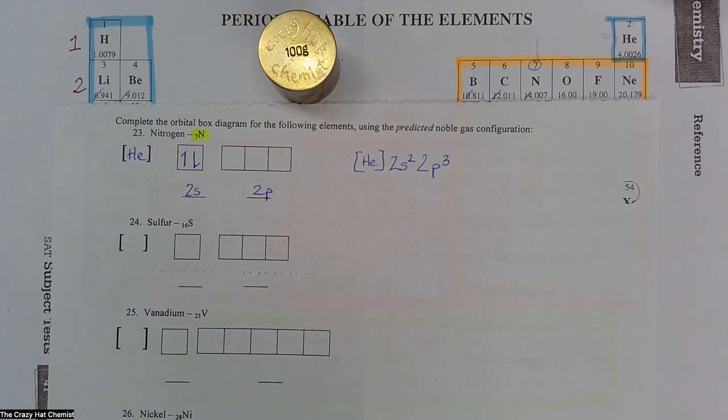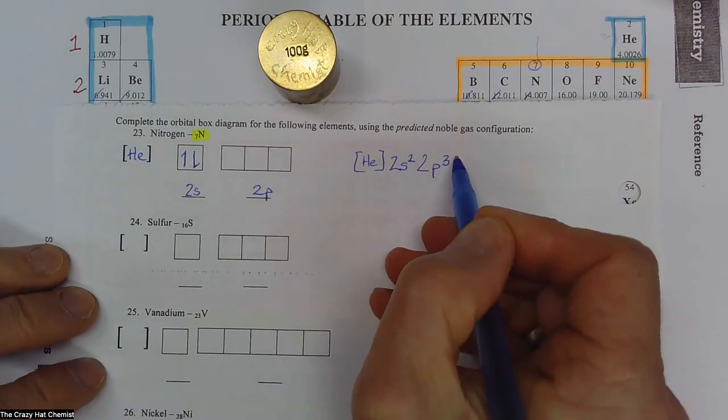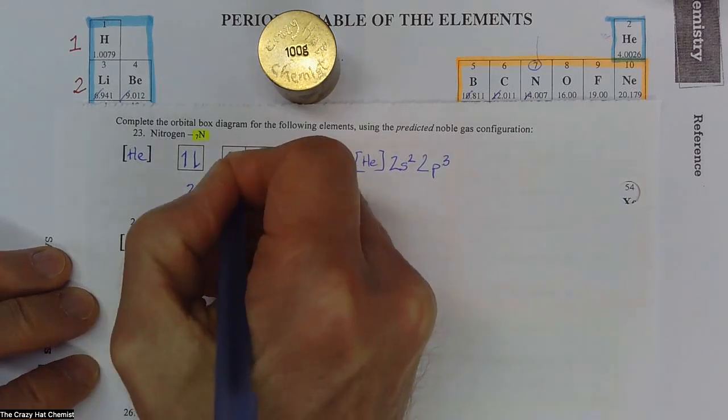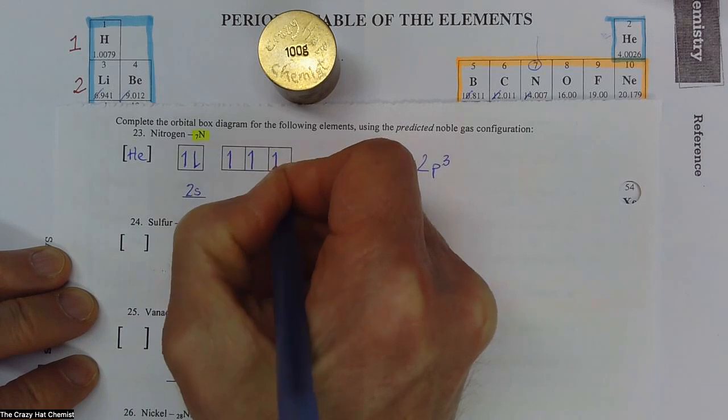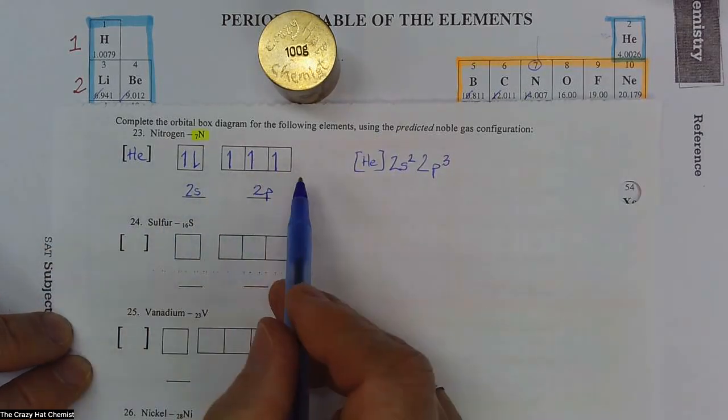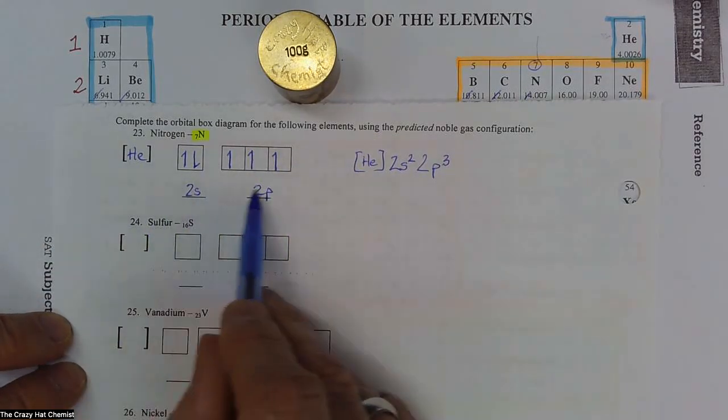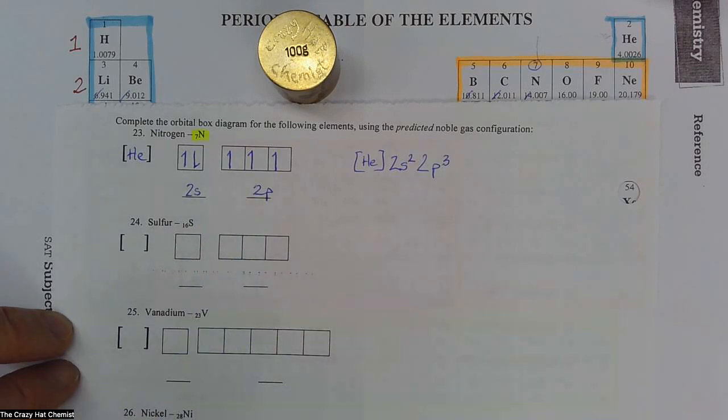Every single electron can have a different set of 4 quantum numbers. Then we're going to have 2p3. So that's going to be up, and then up, and up. There'll be some other questions that follow based on these orbital box diagrams. So that is it for nitrogen.